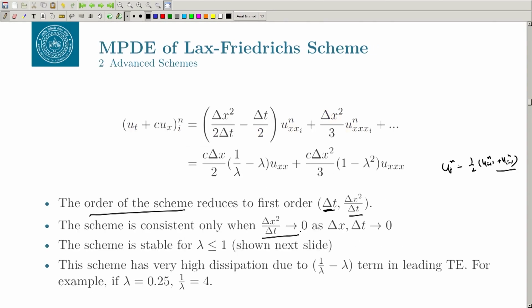This we already discussed: it is consistent only when delta x square over delta t equals 0, it is stable for lambda less than 1, and it has very high dissipation. These are some of the properties of the Lax-Friedrichs scheme.